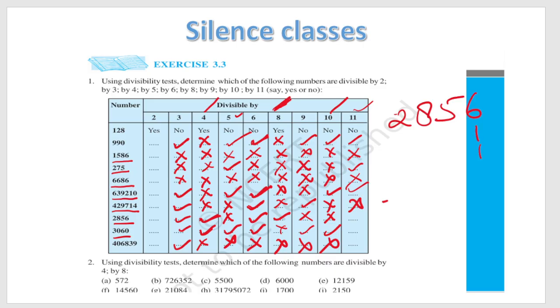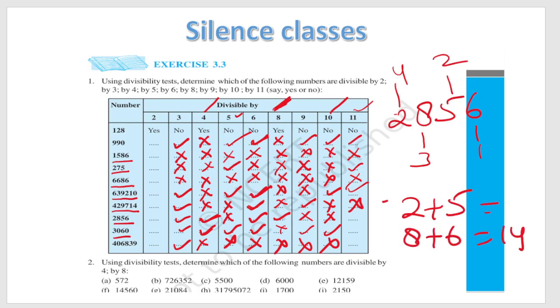2856. 1, 2, 3, 4. 2 plus 5 and 8 plus 6. 14, 7. 14 minus 7 is 7. So this number is also not divisible by 11.